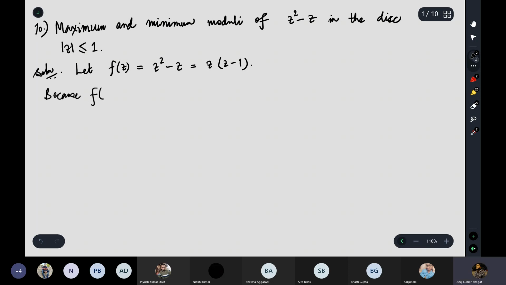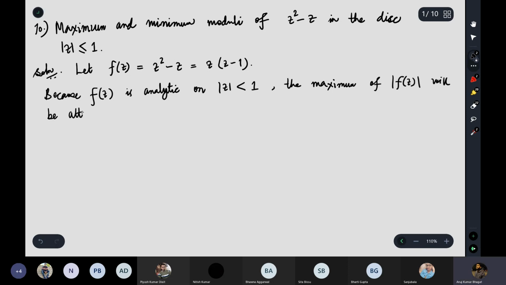This is a polynomial, and polynomials are entire, so the maximum of modulus f(z) will be attained on mod z equals 1.